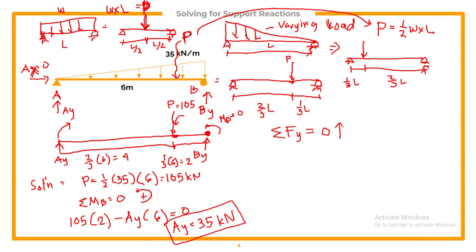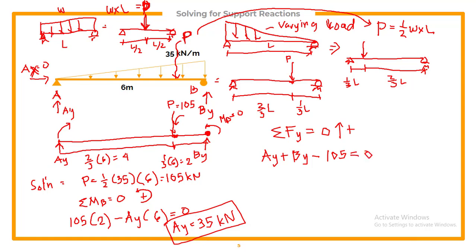Assuming that going up is positive, we have Ay plus By, since both are going up, minus the load applied, which is going down, 105, equals 0.